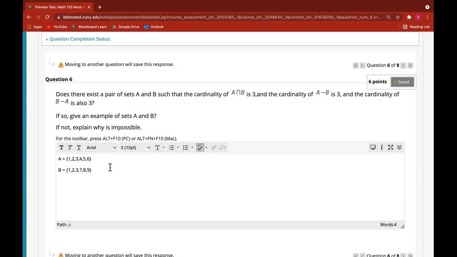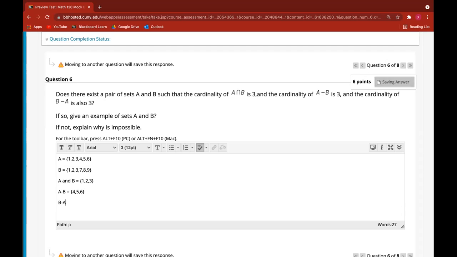So here, A intersect B is 1, 2, 3, so there are only 3 elements. Now A minus B will give you 4, 5, and 6, only 3 elements.